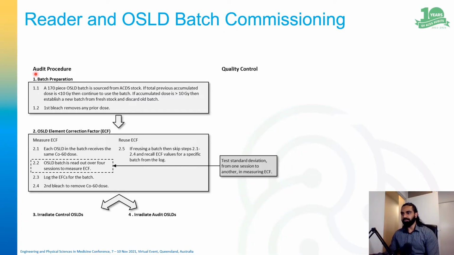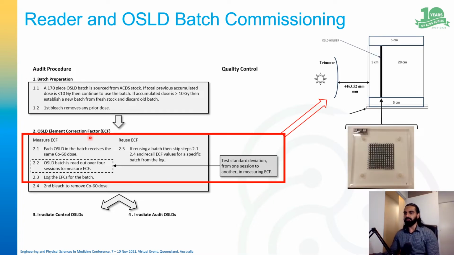So all of our OSLDs are separated out into batches of approximately 170 apiece, and we have a total of 28 batches currently being used for audit operations. Part of the process of establishing a new batch is to establish what is known as the element correction factors. And we do this by delivering a uniform cobalt-60 dose to the entire batch of OSLDs.